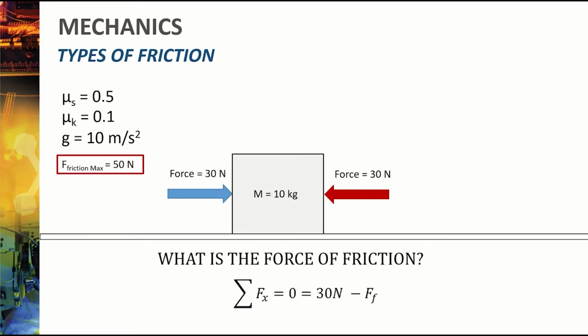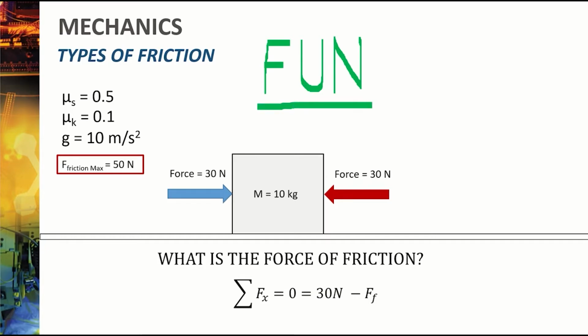Now, this is exactly why I said before that force of friction is fun. Friction wants to do the absolute bare minimum that it can do, just like all of us, especially when we have homework to do. We don't want to do homework. We want to go out and have fun, whatever that means for us.